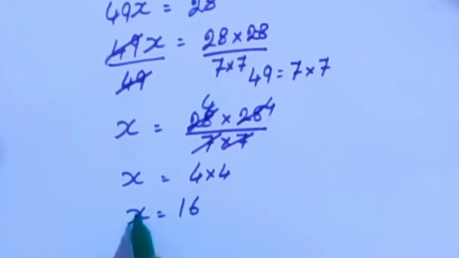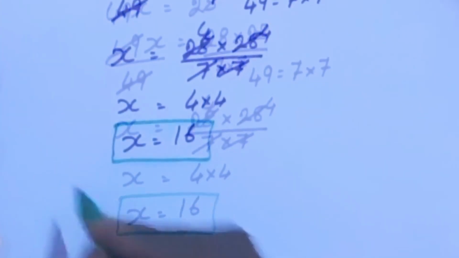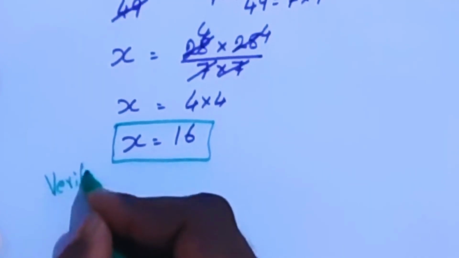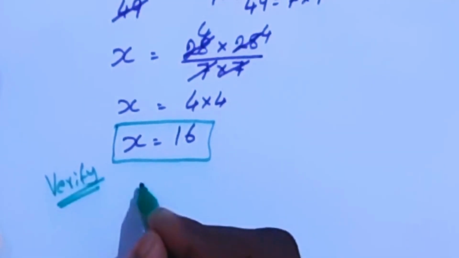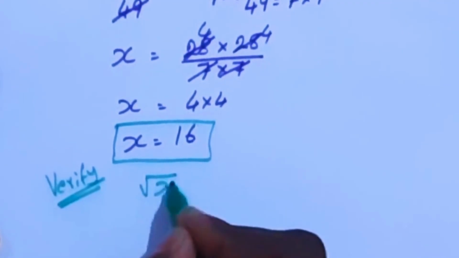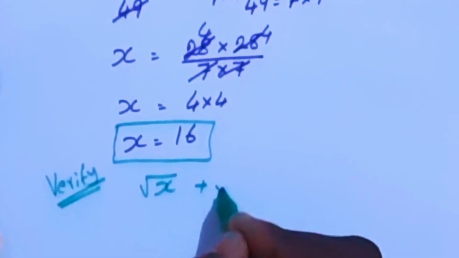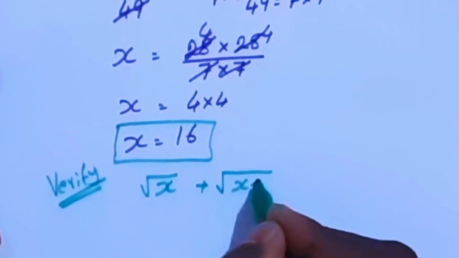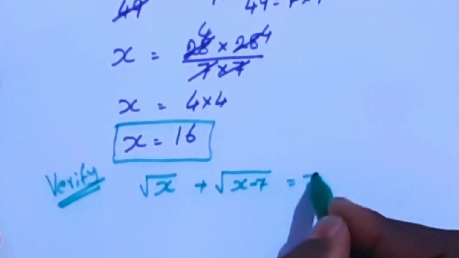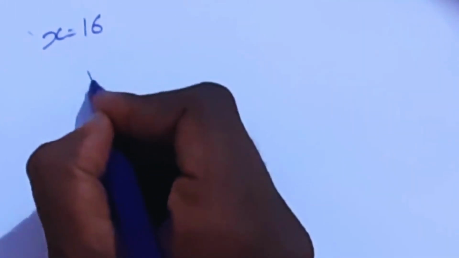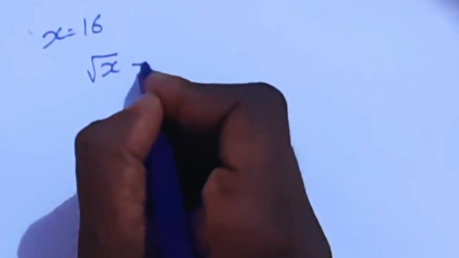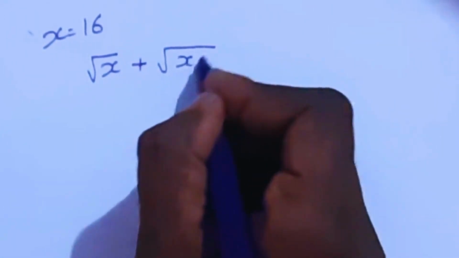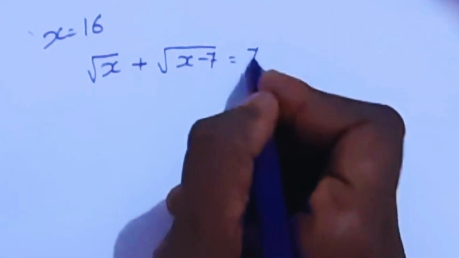Now we are going to verify this with the equation that square root of x plus square root of x minus 7 equal to 7. We are going to apply x equal to 16. So the equation here is square root of x plus square root of x minus 7 equal to 7.